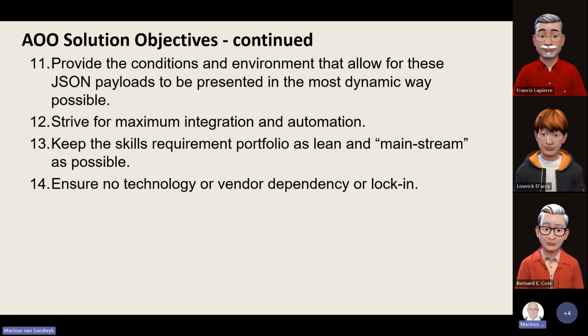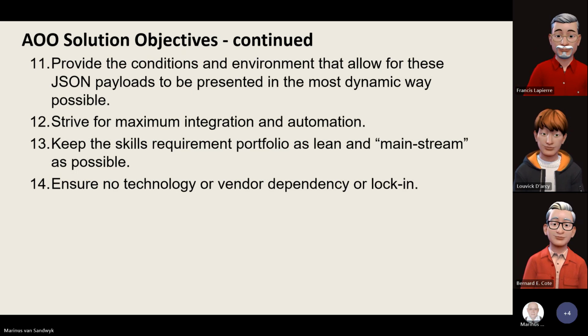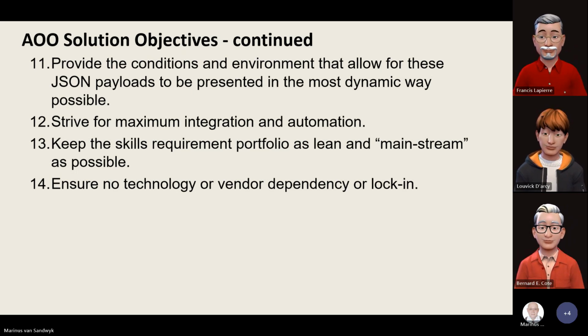It was a critical consideration, and this is one of the reasons why we're open sourcing a lot of the components. We do not want any technology or vendor dependency or lock-in. You should be able to become completely and utterly self-reliant and not be dependent on somebody that can abuse the situation.